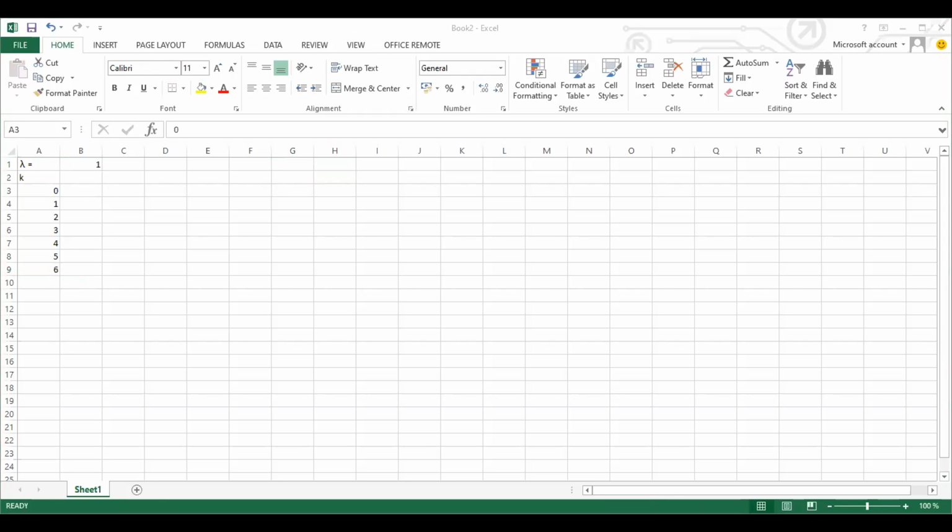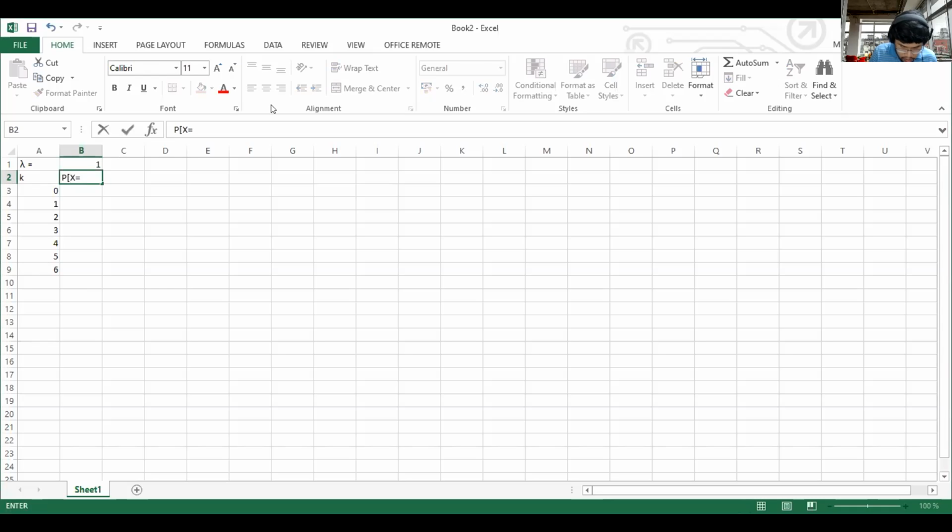Now we want to get the probability of each of these events, and we have it as P(X = k).